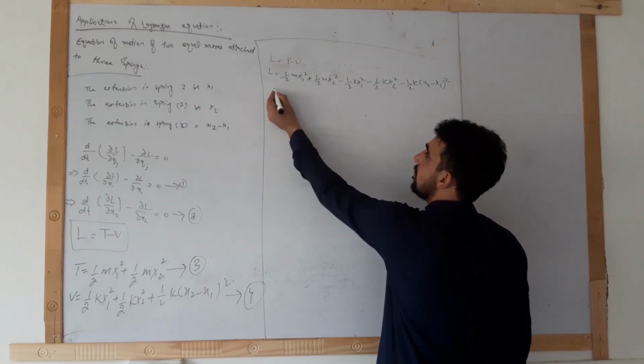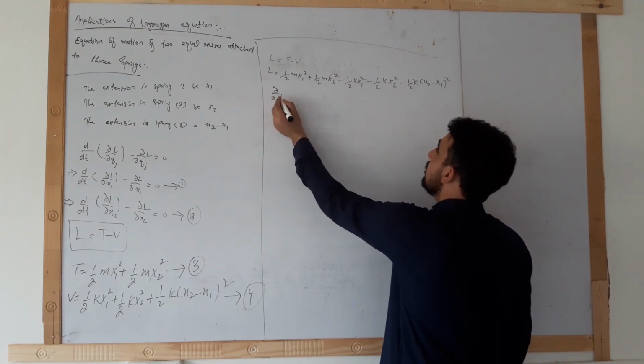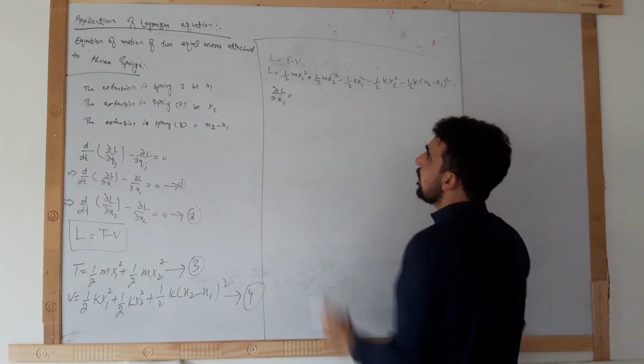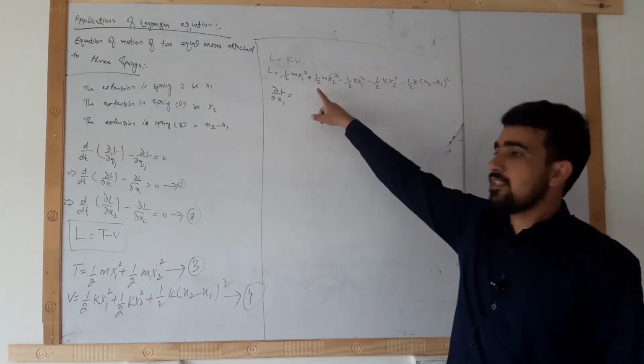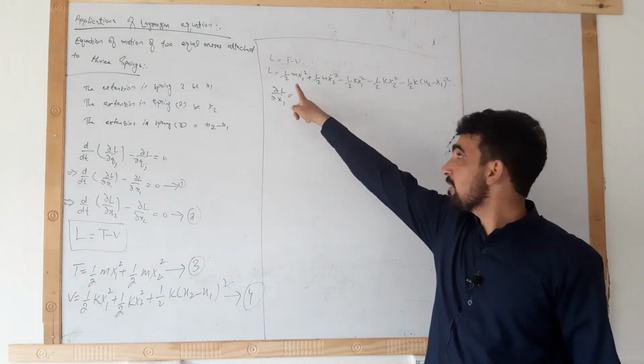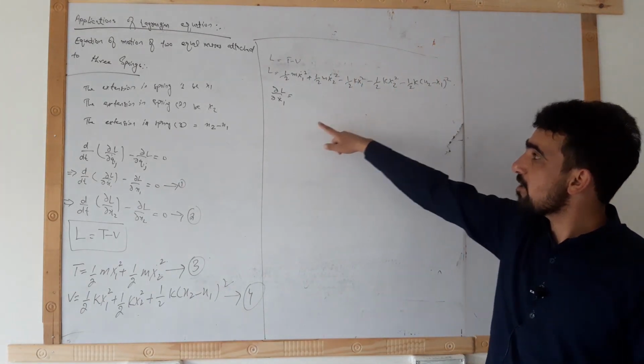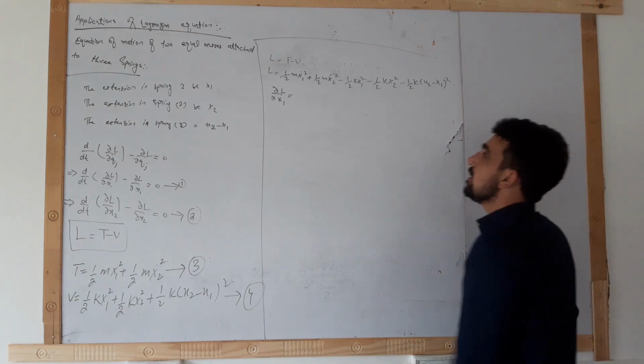So partial L by partial x1 dot is equal to, in this term the only variable which can be differentiated is x1 dot. The rest of the terms are independent of x1 dot and become 0.